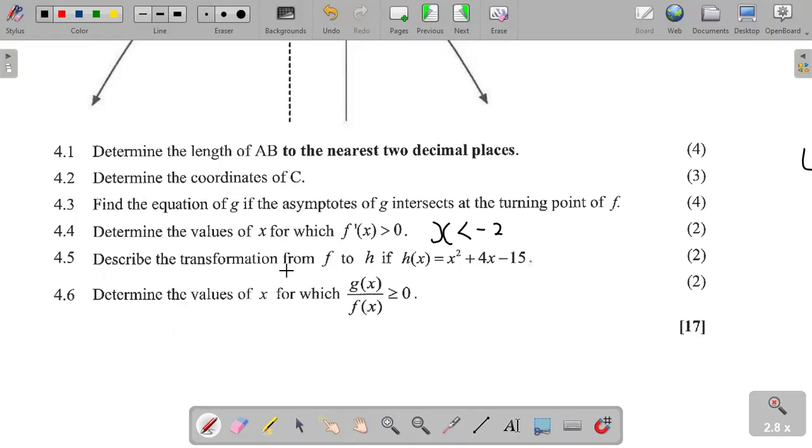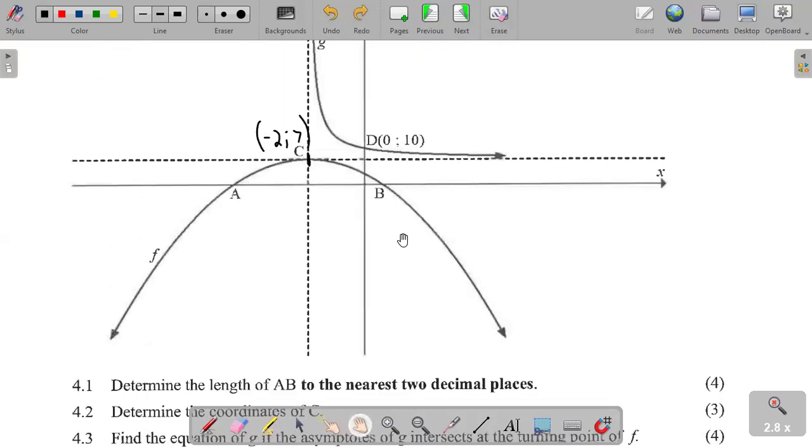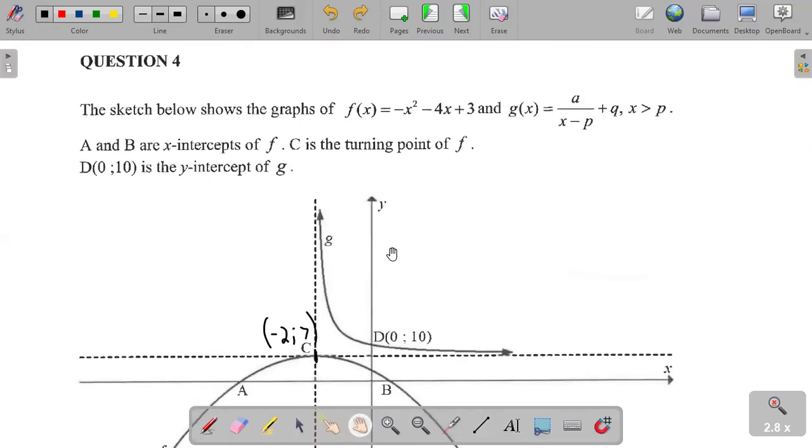So they describe the transformation from f to h. If h of x equals x squared plus 4x minus 15. So we can see that these values are now positive.